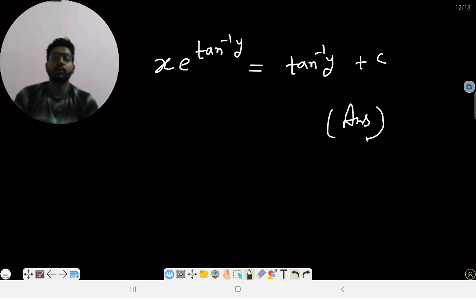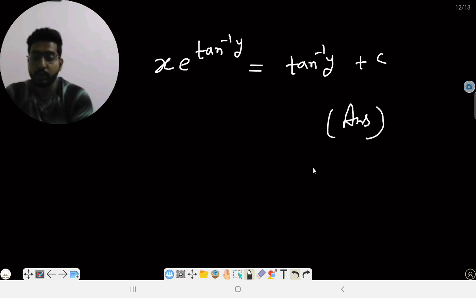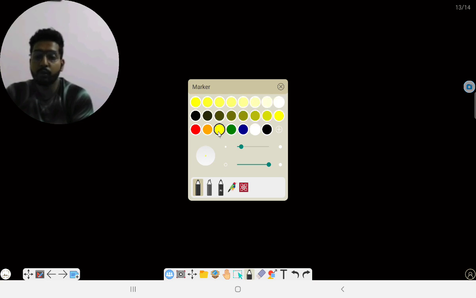So here you have used the linear differential equation. Now next we'll move to the next one. For the next one, the question is given like this. Question number 4.